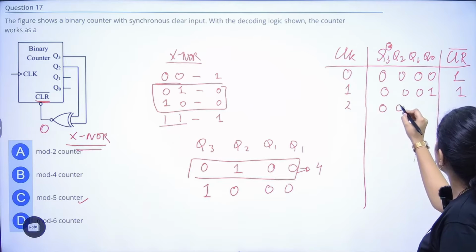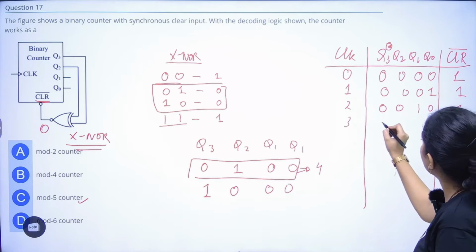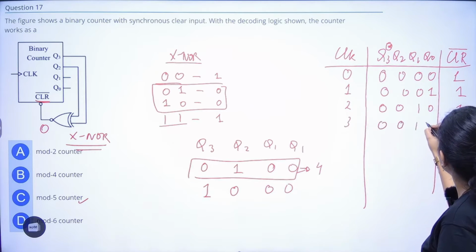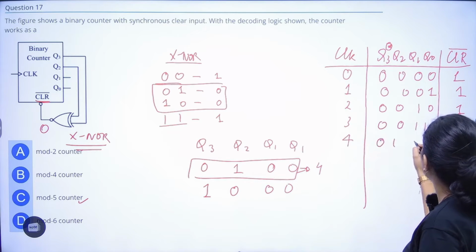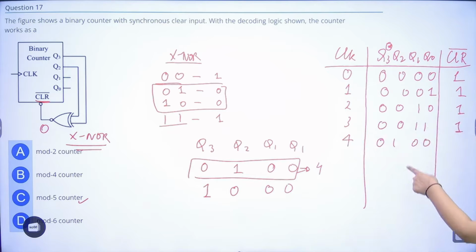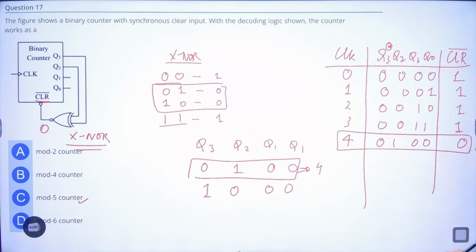At clock 2, it will count this. It will again be 1. At clock 3, it will count 3. It will again be 1. At the 4th clock, it will count 4. Now 0, 1 XNOR will be equal to 0. So now this is the clear signal.